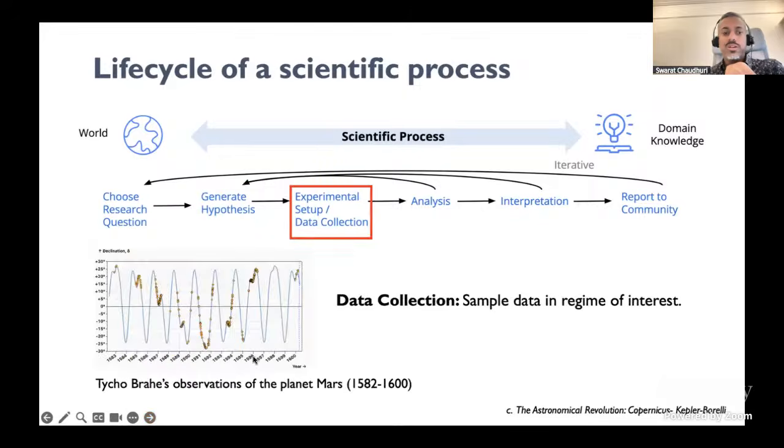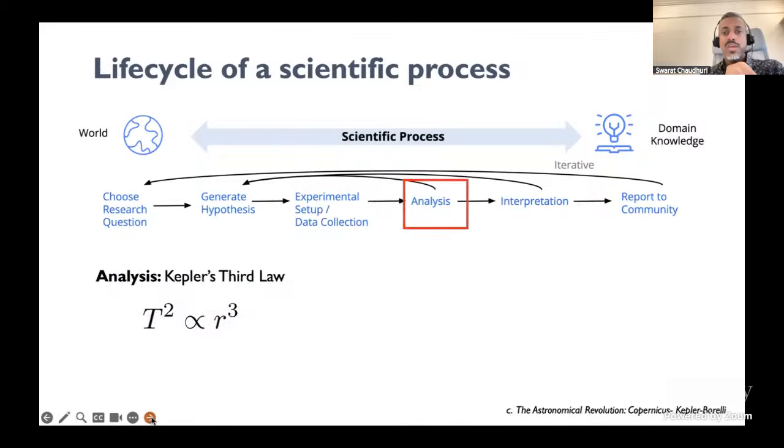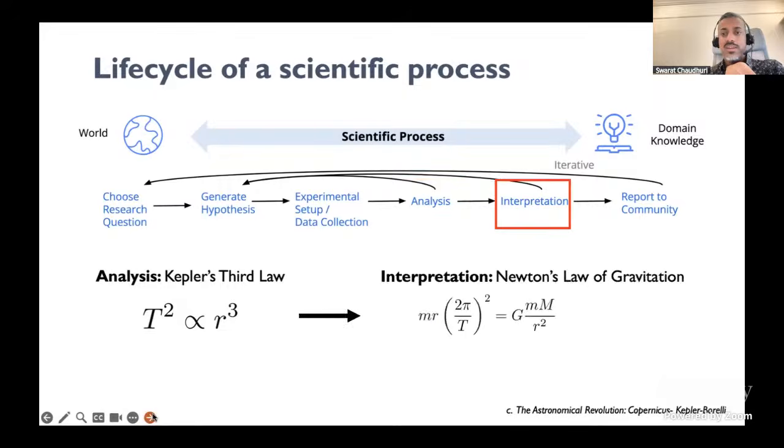And then this led to the collection of more data. Tycho Brahe, in particular, observed Mars, and then came up with a whole bunch of precise measurements of the planet's positions. And then Kepler chose to analyze this data and fit a wide variety of geometric shapes to it. And then he came up with Kepler's third law. And then this eventually led to Newton's law of gravitation.